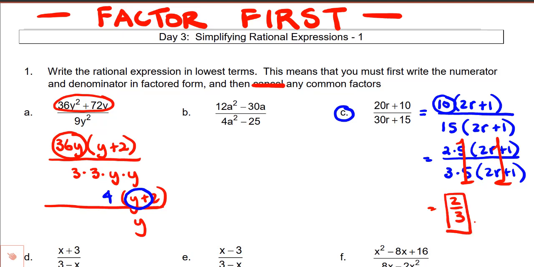Okay, but my worry is, because I see this every year, people love to do this. Oh yeah, 10 goes into 10 once, 10 goes into 30 three times, 5 goes into 15 three times. It's like they just love crossing stuff out. They love canceling. Okay? Don't do that, don't do that, don't do that. You're going to do this as part of your homework. Let's go on.